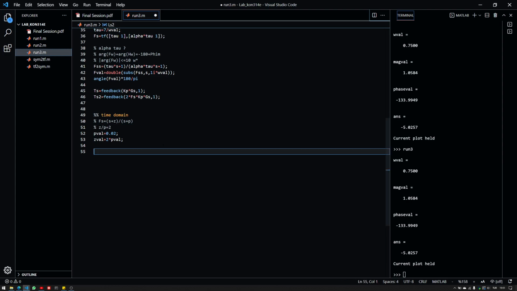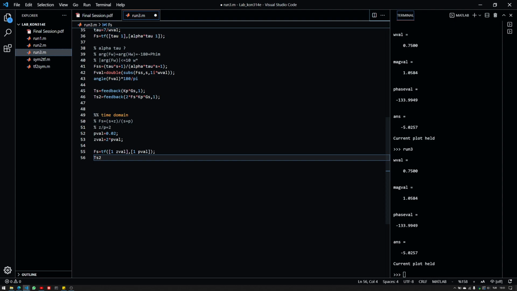Let's get rid of this part. So I know what the controller should be. If I want to include this here, I have to define the controller as one z-val and one p-val.